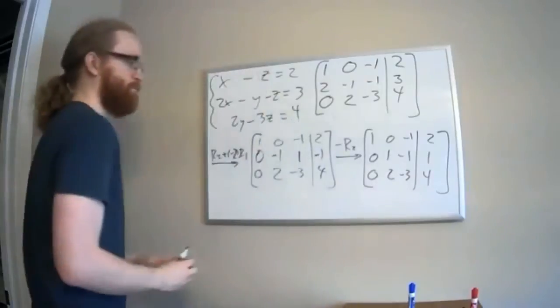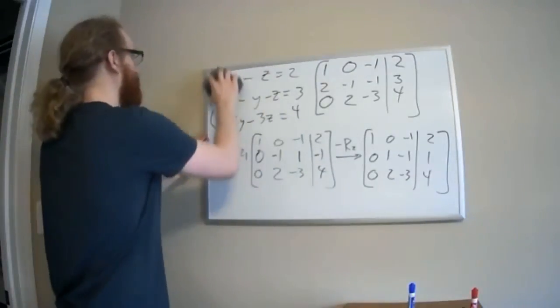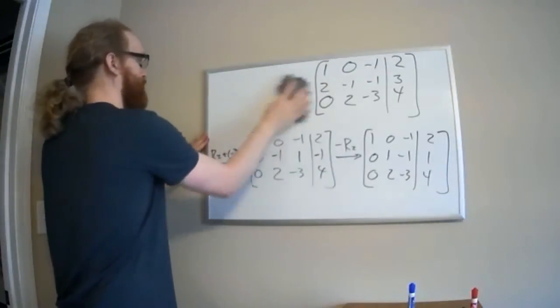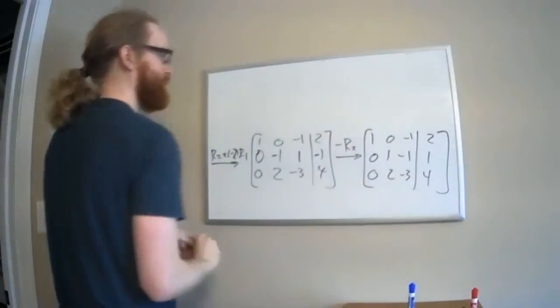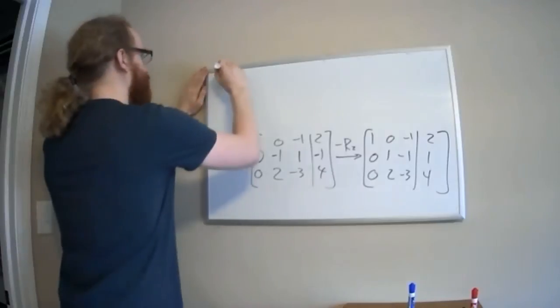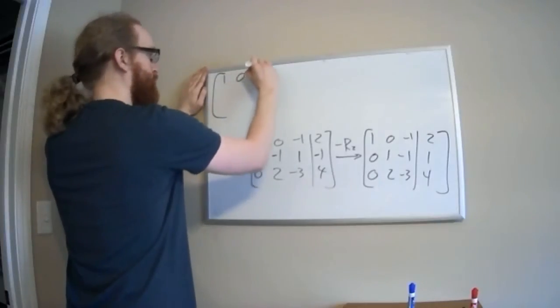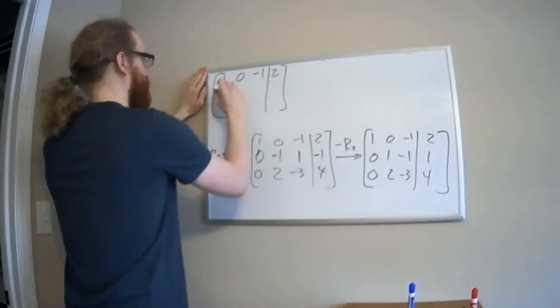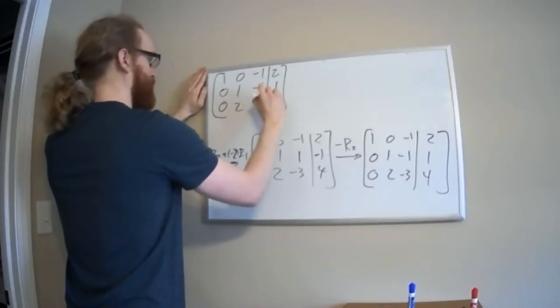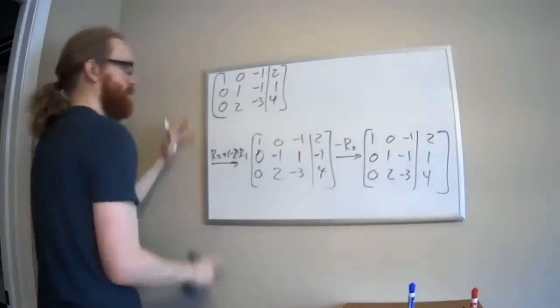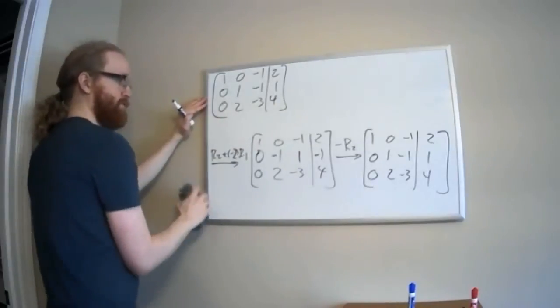So that's what I'm going to get. Let me just rewrite this matrix up here so it'll be a little clearer on the board what I'm doing. So I have this matrix after these two operations.